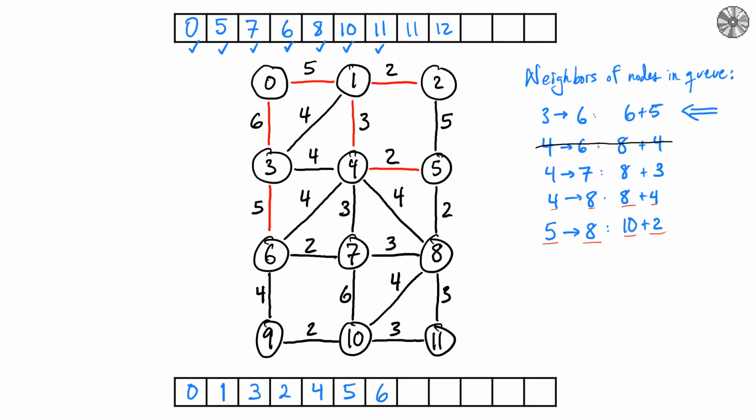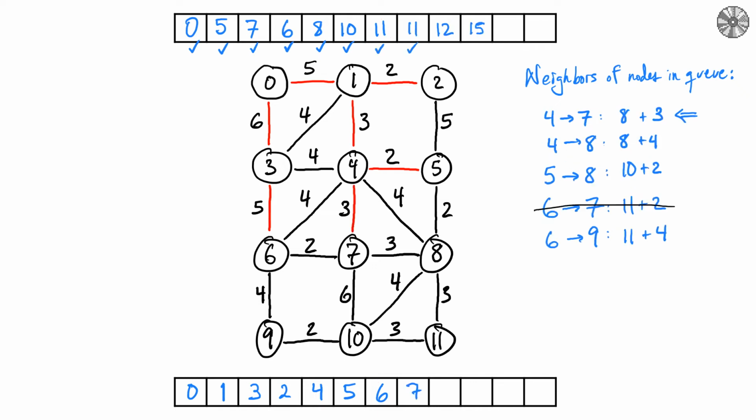But out of all the ones that we have, we have a distance of 11 and also 11. And so here you get a choice. I just pick the first one in the queue. This doesn't matter, but the first one in the queue is node 6, and so that's the one that then we put down here. We mark that as certain and put that down in this queue.